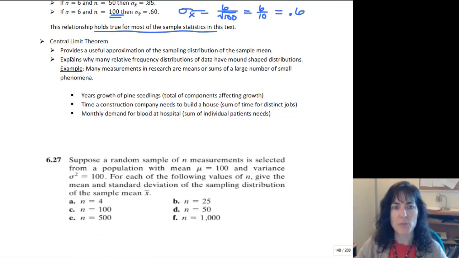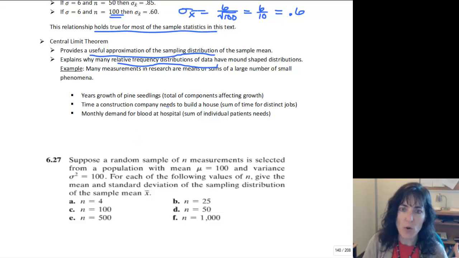The central limit theorem, so here's a refresher, provides a useful approximation of the sampling distribution of the sample mean. And it explains why many relative frequency distributions of data have mound-shaped distributions. So if we're looking at a relative frequency distribution, and it could be just the original data from our sample, sometimes that's already a mean or a sum.